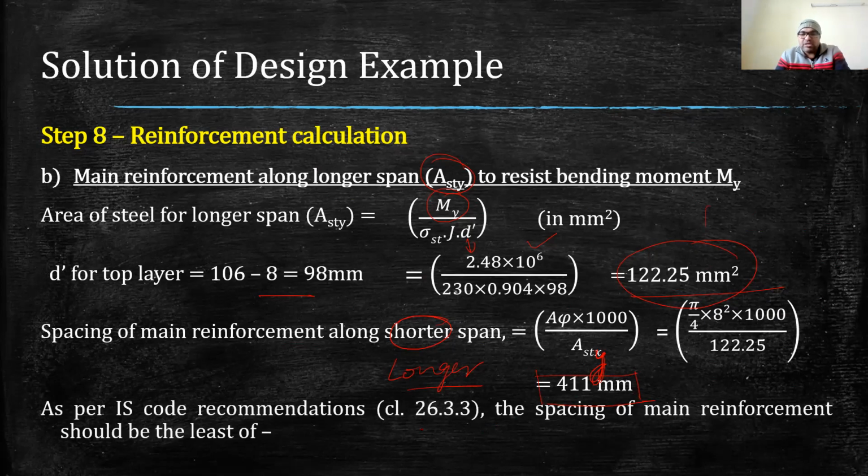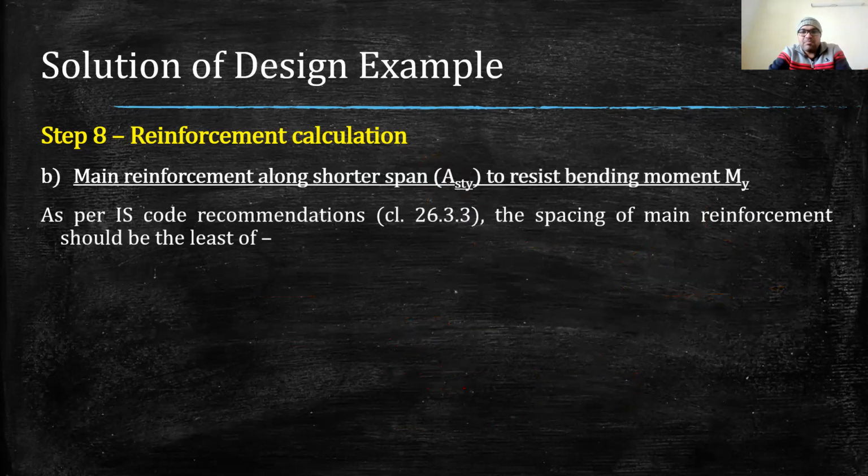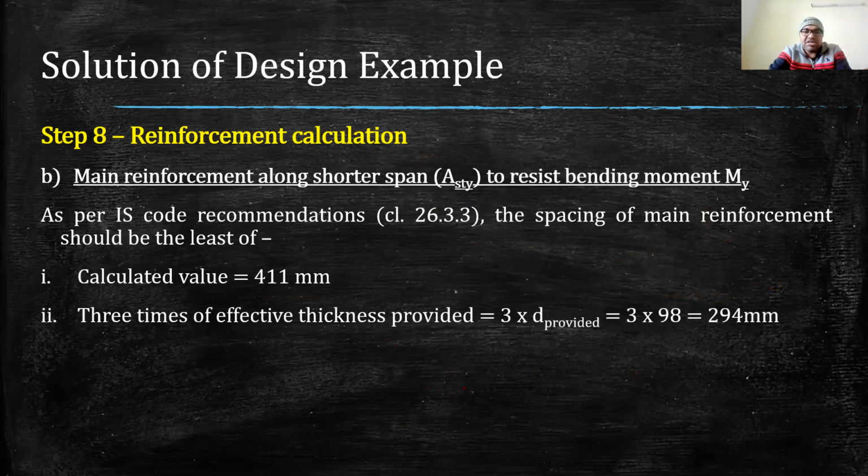So again, we will use the same clause, and this clause says that main reinforcement spacing should be the least of the calculated value, 3 times the effective thickness. Here the effective thickness is D dash, because we are calculating this for the Ast reinforcement. Putting D dash here, we get the spacing as 294.